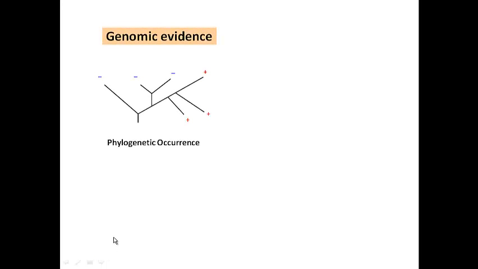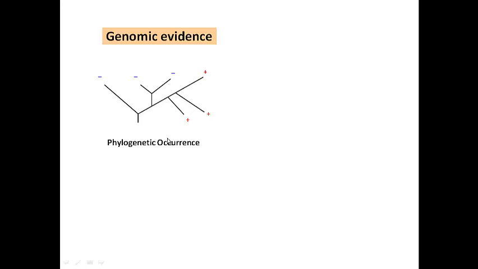The principle actually goes back to the phylogenetic tree that we drew schematically in the PowerPoint presentation, where some organisms have a gene and some organisms don't have a gene, either plus or minus.